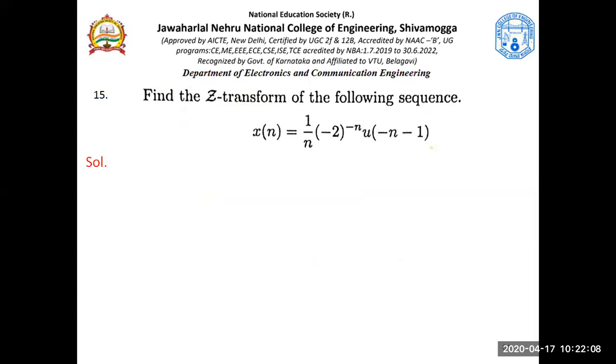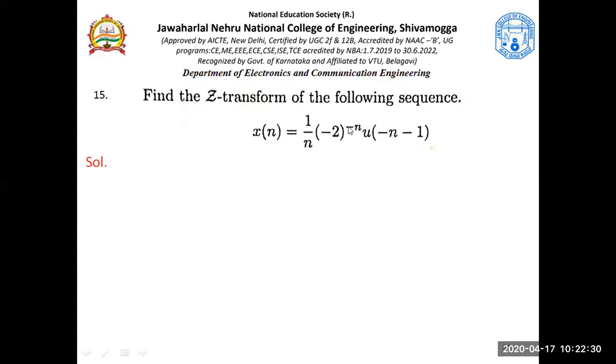Suppose 1 by n is not there. Will it be a standard sequence? Just observe, there is a minus n here. Now this is minus 2 minus b to the power n.